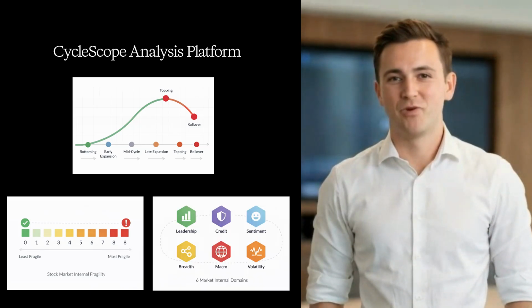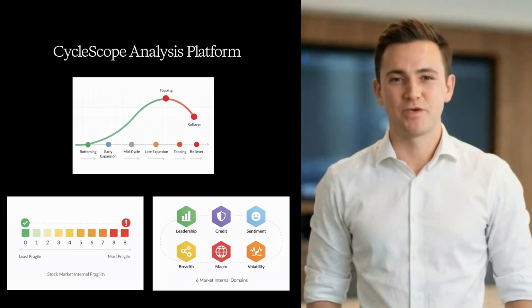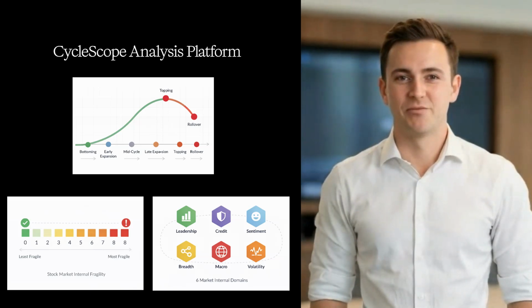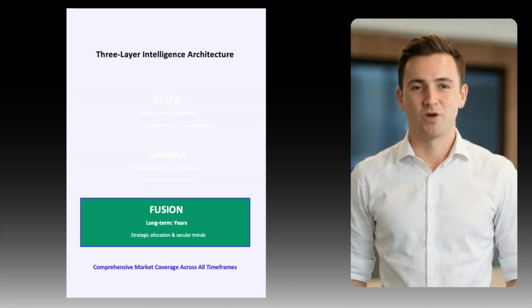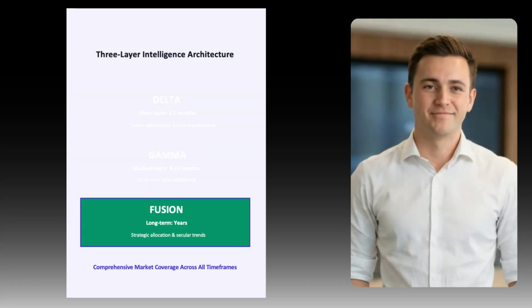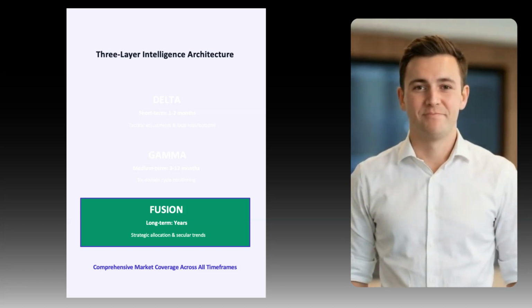Unlike traditional technical analysis that only looks at price, CycleScope monitors market structure across 6 critical domains and 3 time horizons. Think of it as a 3-layer X-ray of the market. Layer 1. Fusion, the long-term secular trend. Are we in a multi-year bull or bear market? This is your foundation.